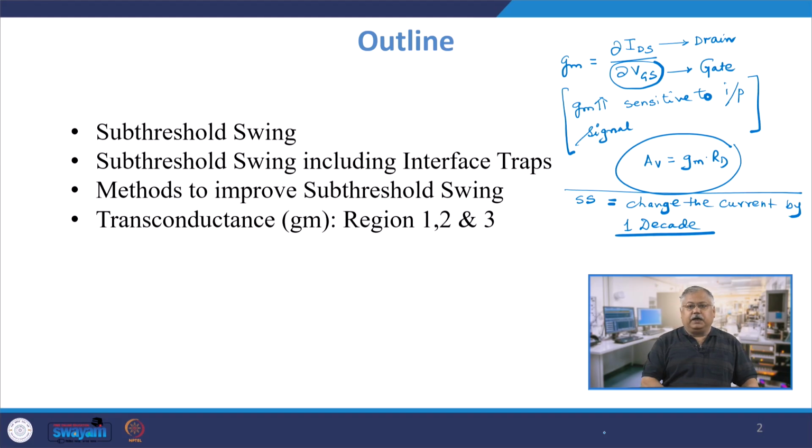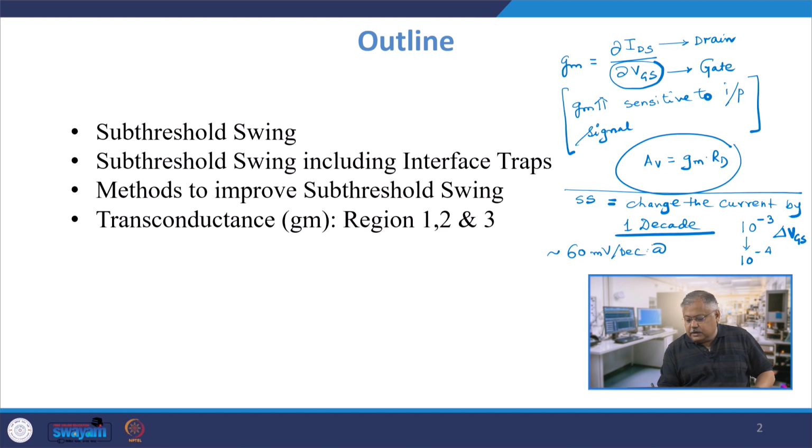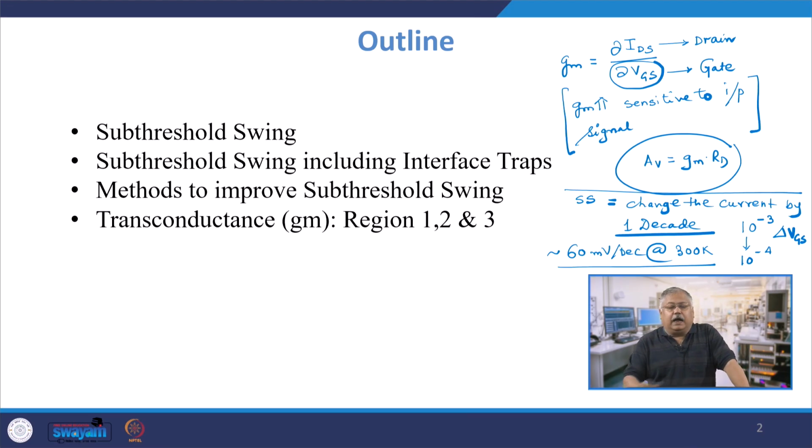To change the current by 1 decade, how much change in the gate to source voltage is required. 1 decade means, let us suppose the current was flowing at 10 to the power minus 3 and you drop it down to 10 to the power minus 4, then the amount of gate voltage required to do it is defined as my subthreshold swing. Typically, we will see later through the formula as well that its value equals 60 millivolts per decade at 300 Kelvin, but that is at 300 Kelvin. Since we are working with cryogenics, we will see how the subthreshold swing changes at lower and lower temperature.